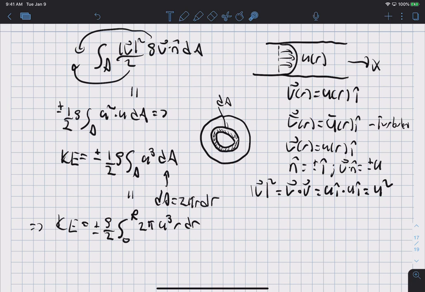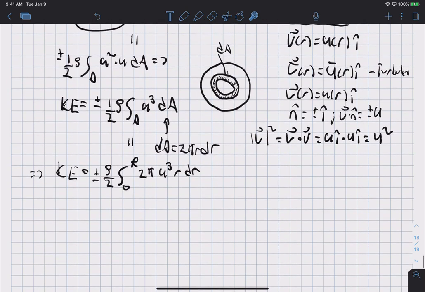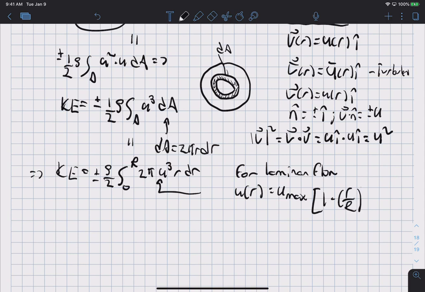Now we need to evaluate this integral, and so we need to actually assume whether the flow is laminar or turbulent so that we know what to stick in for u. So for laminar flow, u of r equals u max, which is just the velocity at the center line, times 1 minus small r over cap R squared. Okay, and so I'm just going to take this and substitute it in.